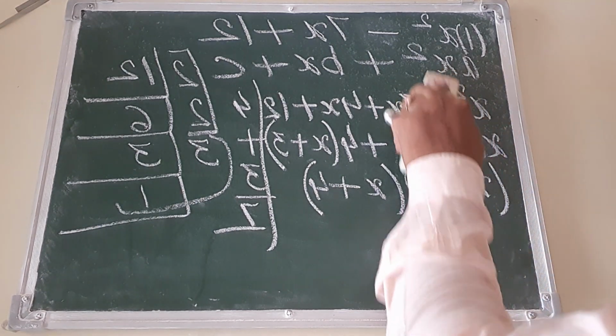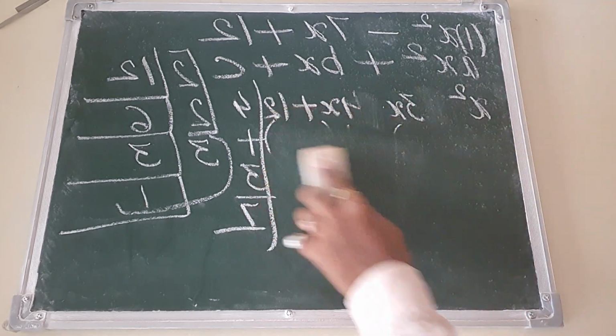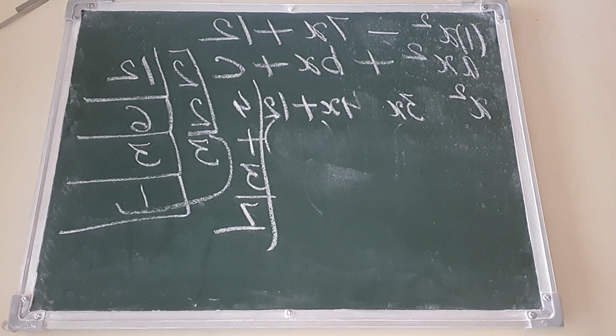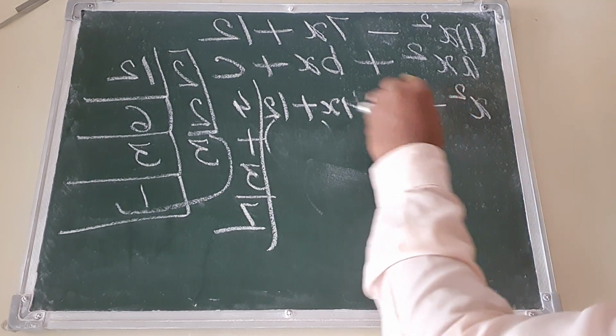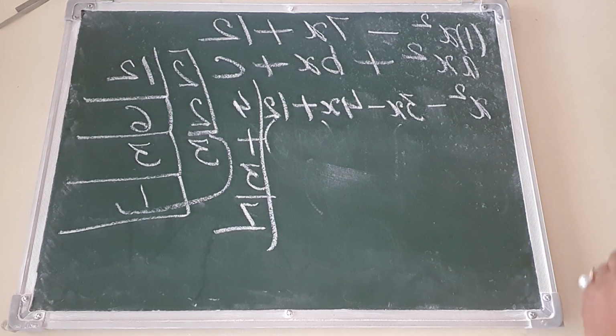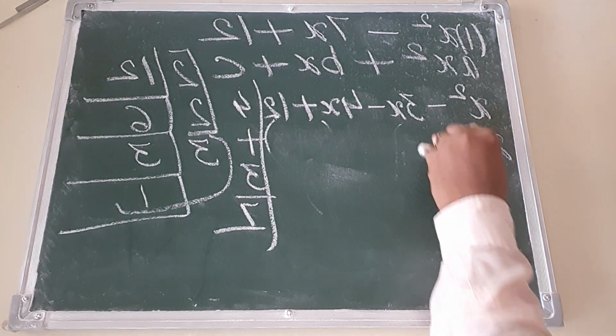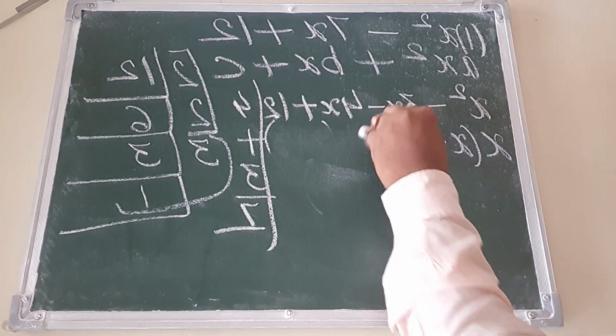So when we write it in the equation, how will we write? It becomes x square minus 3x minus 4x plus 12. So taking x common from the first two terms, it is x minus 3.